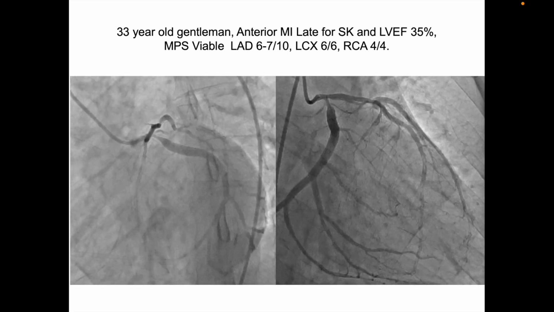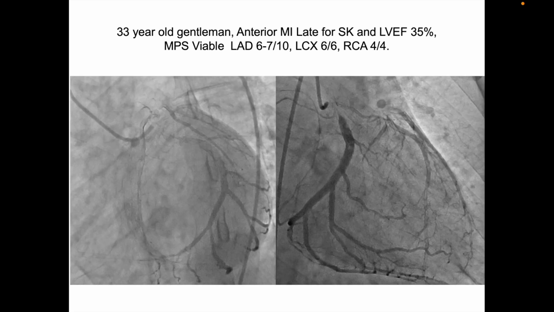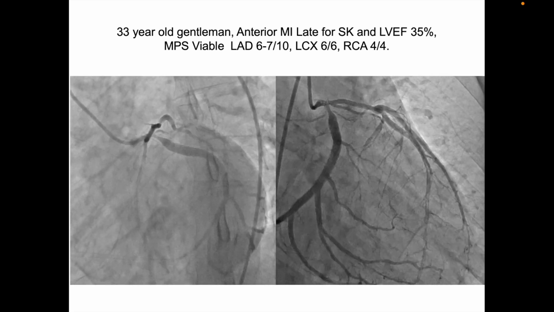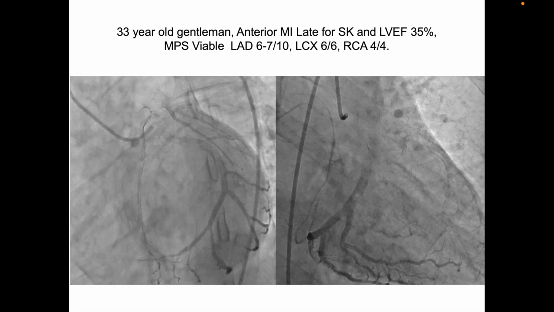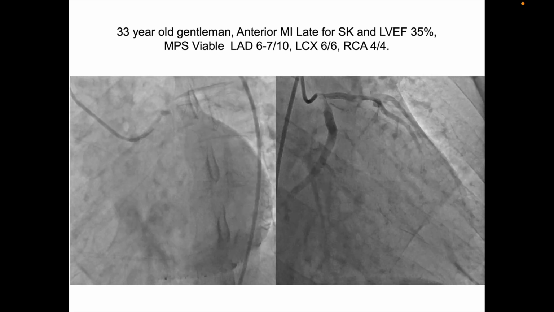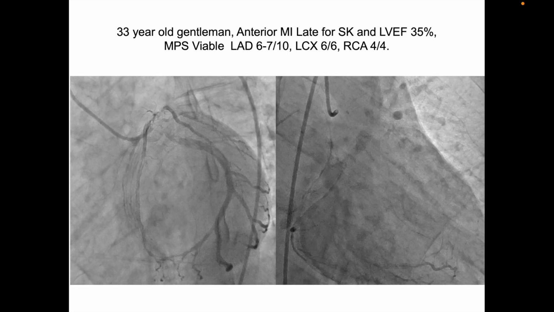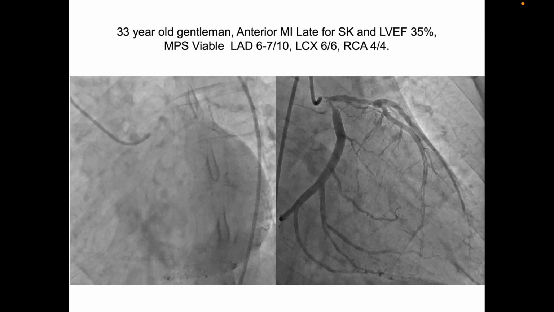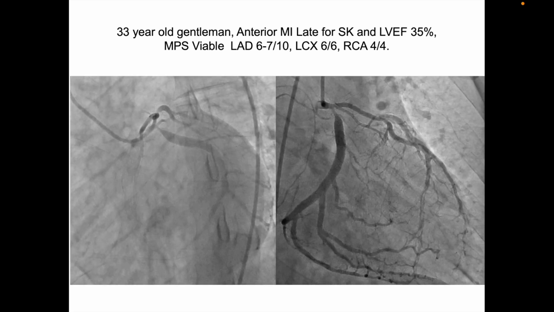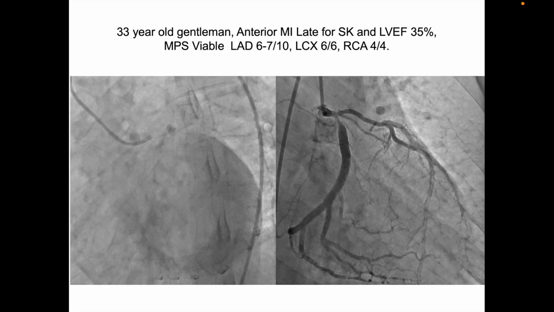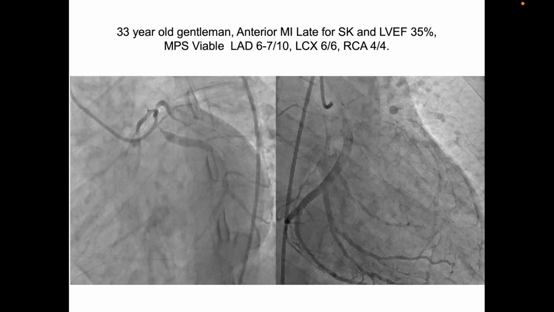So in my opinion, this patient had critical ostial dominant circumflex disease, but his myocardial infarction was anterior. So what I could also appreciate was that there is some sort of a moderate to intermediate disease in the ostium of the LAD.